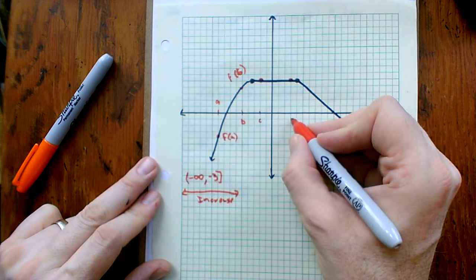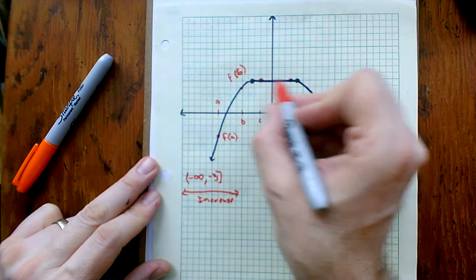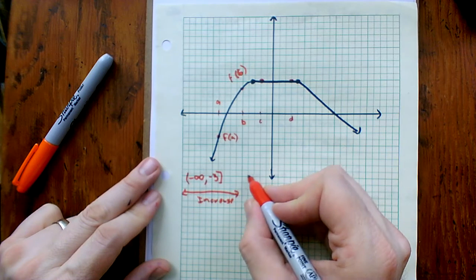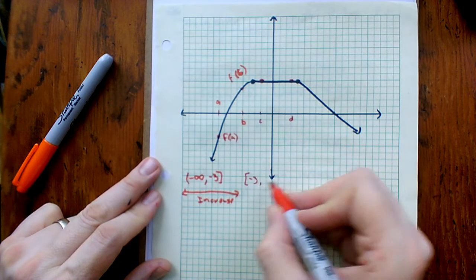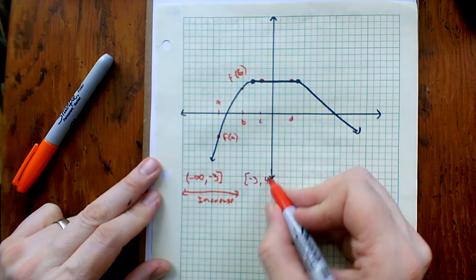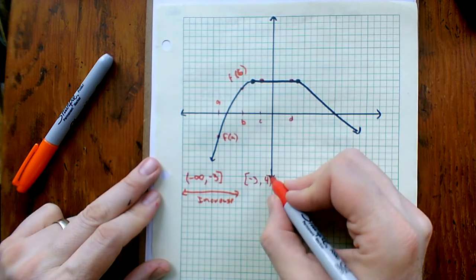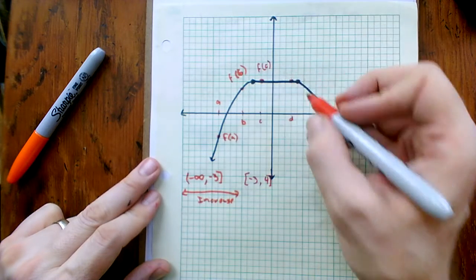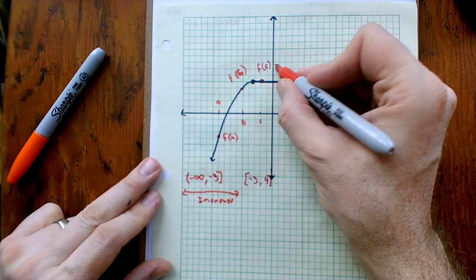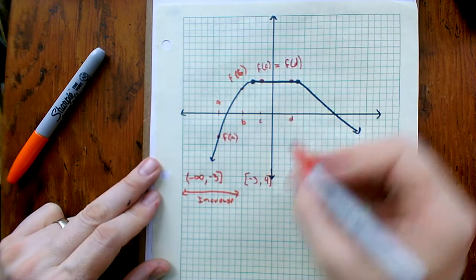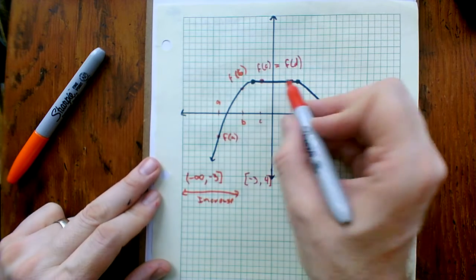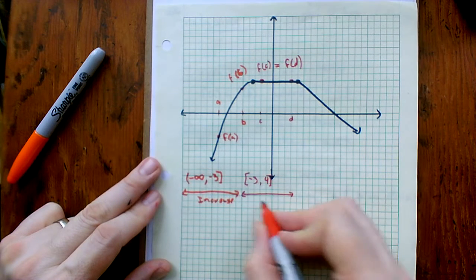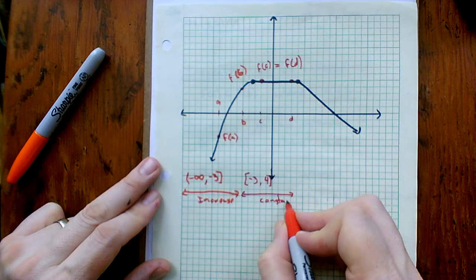It looks like in between these 2 values, from about negative 3 all the way up to about 4, and I wasn't precise when I drew this graph, this f of c is going to be equal to this f of d. So these 2 things are equal, which means this right here is constant on this interval.